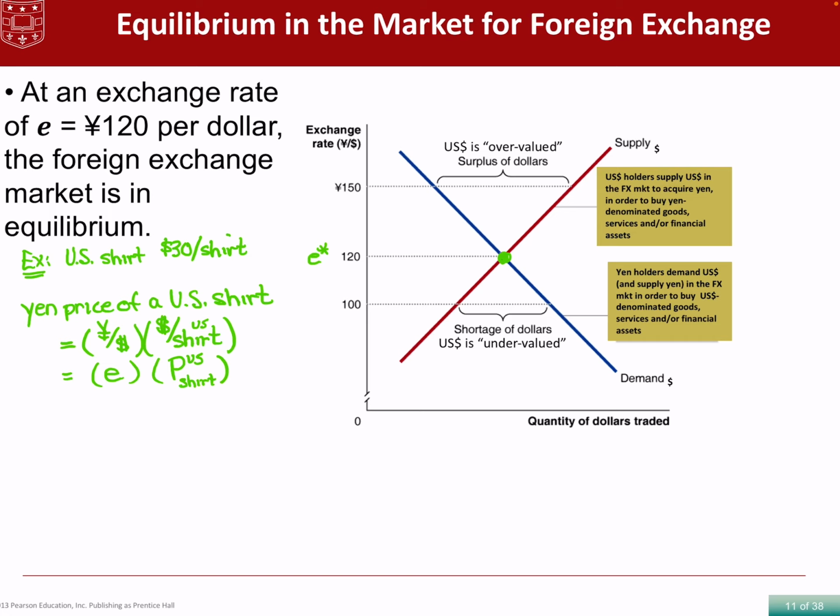This is 120 yen per dollar, and the price of the US shirt is $30 per US shirt. And so we could figure out the yen price of the US shirt is 3,600 yen per US shirt.